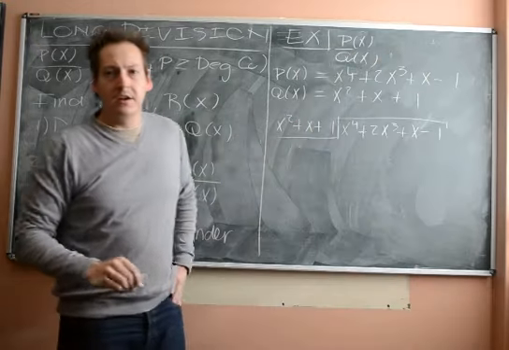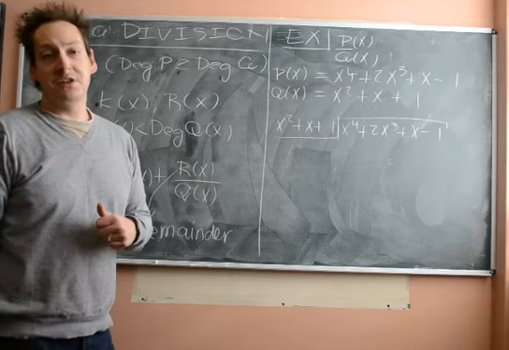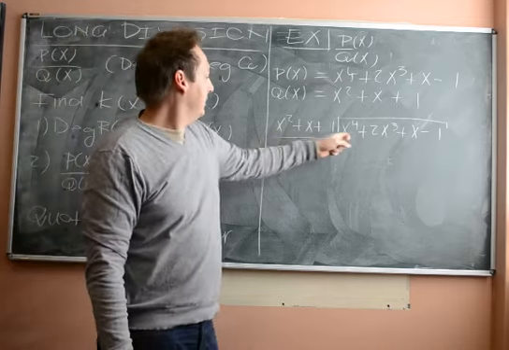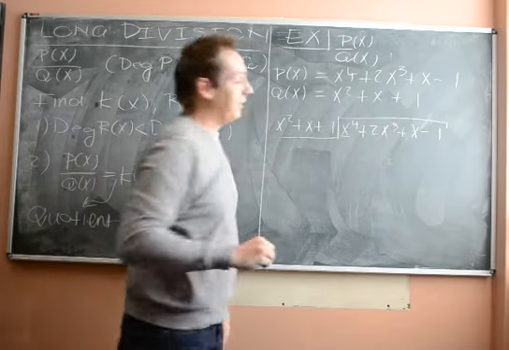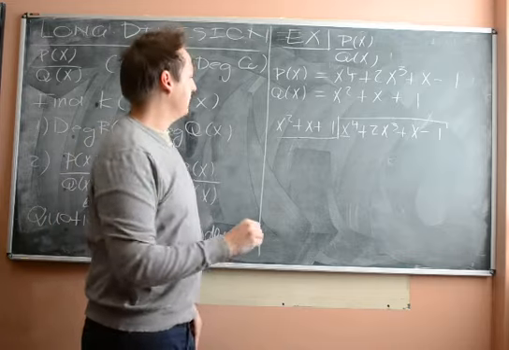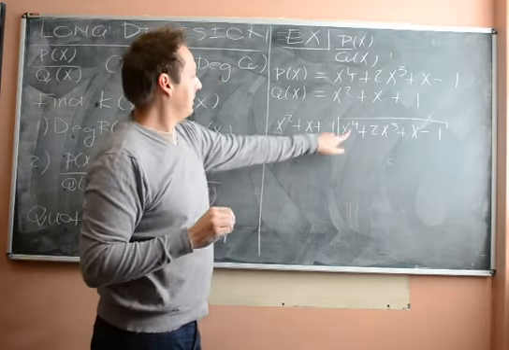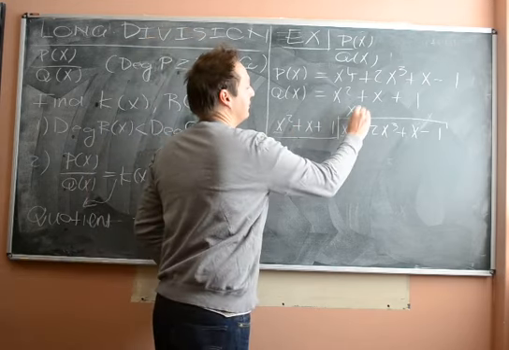Now, how do we start our algorithm? Remember, an algorithm is a recipe. So we start our algorithm by taking the term in p with the highest power, called the leading term, and dividing it by the leading term in q. So we're going to take x to the fourth and divide it by x squared, and that's going to give us x squared.